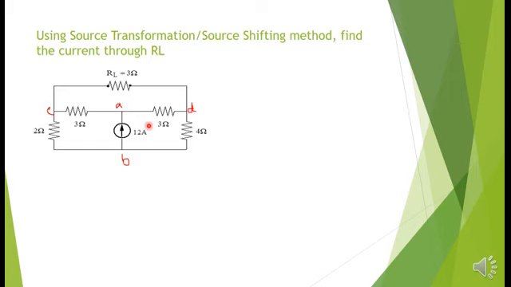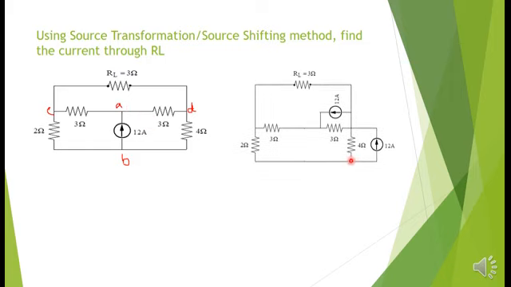So what happens to the network? When it travels from B to D, this is the 12 amps current, and then D to A, 12 amps current flows. Now once again, I'll name the nodes the same: C, A, D and B. Now in the C to A path, there is one 3 ohm resistor and a current source in series.